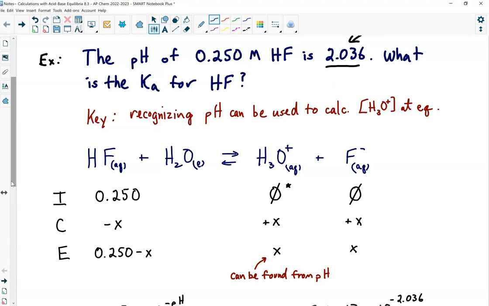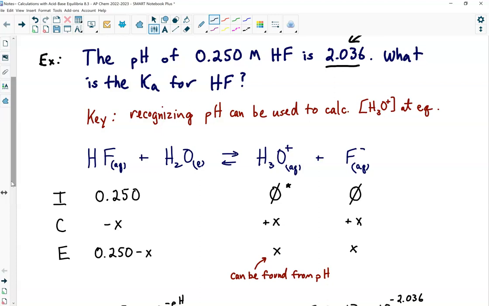The equilibrium concentration is going to be 0.250 minus X of the HF, and then X and X. But when you think about the information given, this H3O plus concentration at equilibrium is what you took the pH of. You dissolve this, it went to equilibrium, you stuck a pH meter in there, and you got 2.036. So there's actually a way to find X.